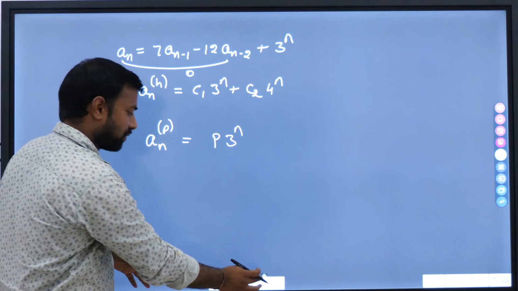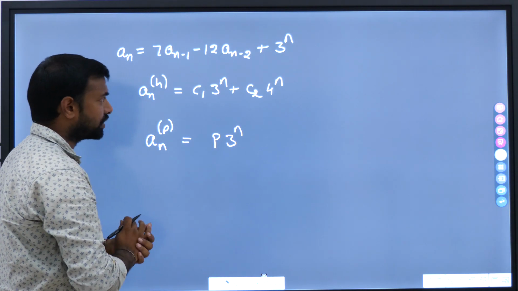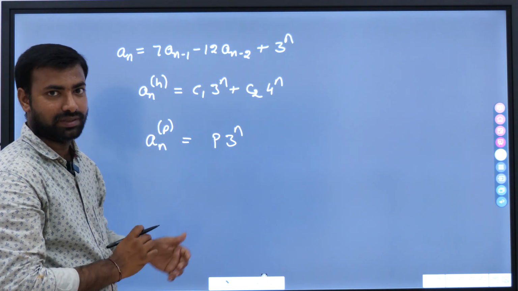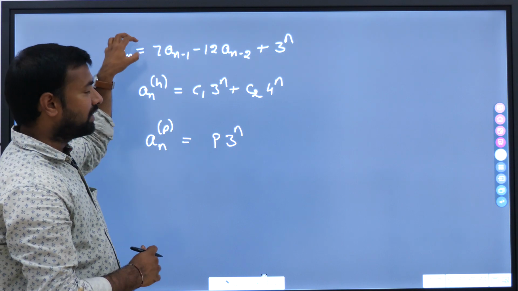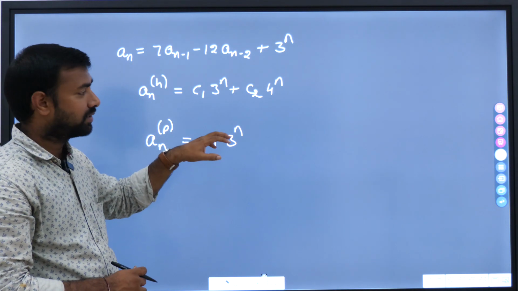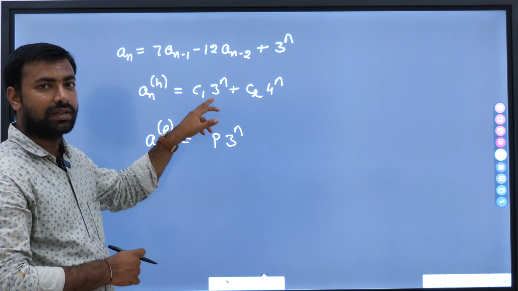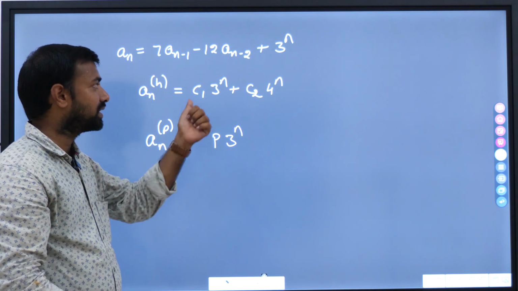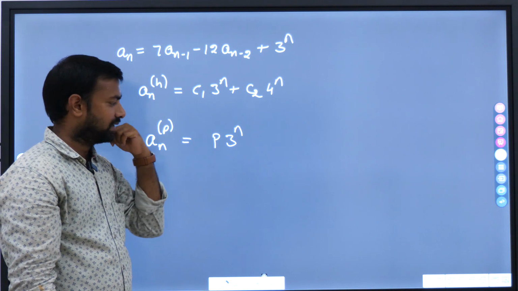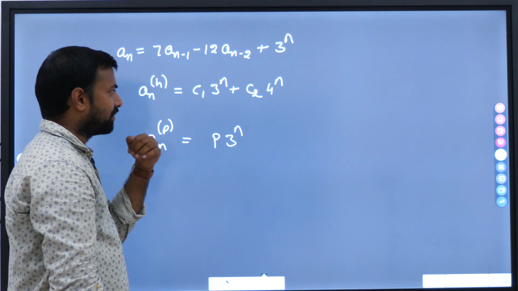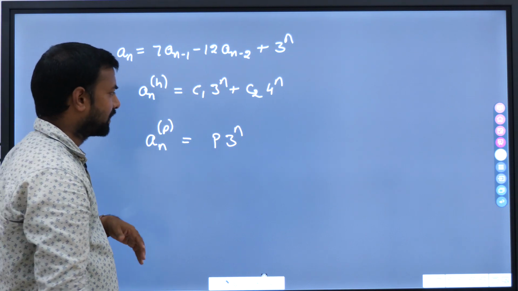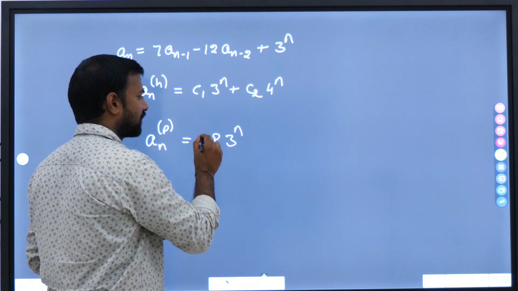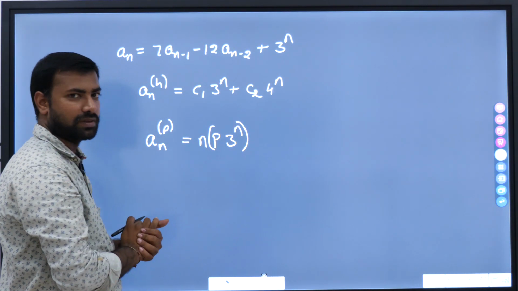Okay. So for that, what we have to do is first see how many times this 3 power n is a solution of this equation. I mean, we find the roots of the characteristic equation, right? You see how many times 3 is a root of that characteristic equation. It means you need to see the algebraic multiplicity of 3. Okay. If it is 1, here it is 1 anyway, then we take n power 1 into this as our case.